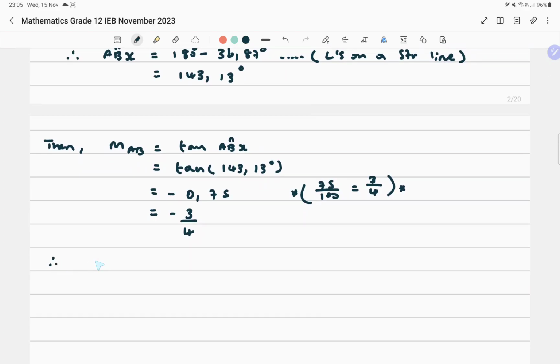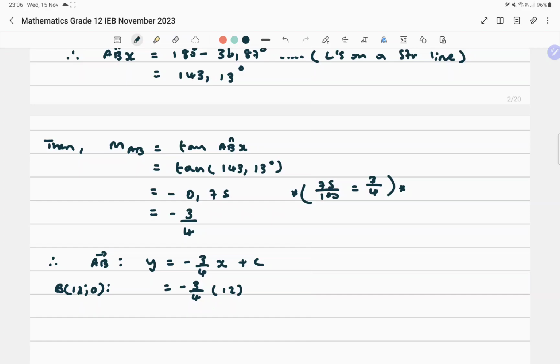We can say, therefore, line AB is such that y is equal to minus 3/4 x plus c, which now means through point B, which is 12 and 0. We know that 0 is going to be equal to minus 3/4 into 12. Actually, I'm substituting incorrectly here.